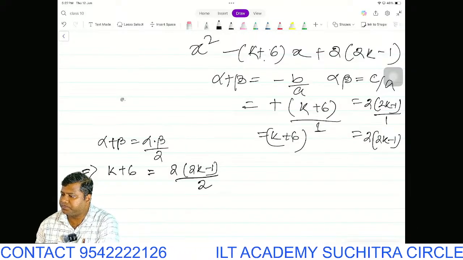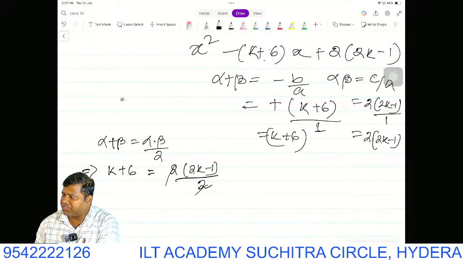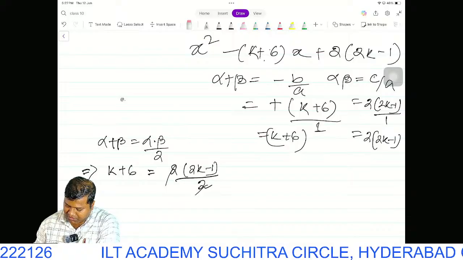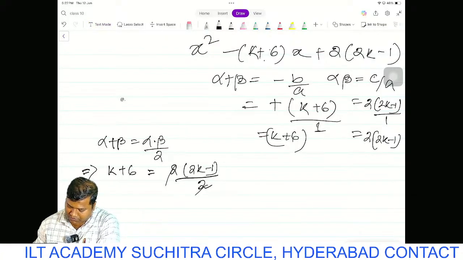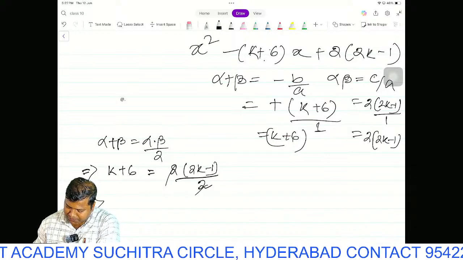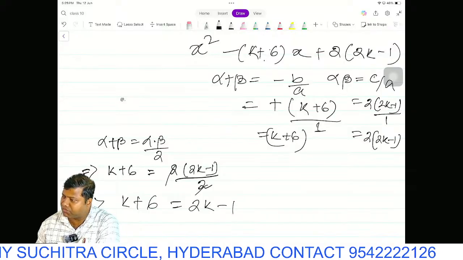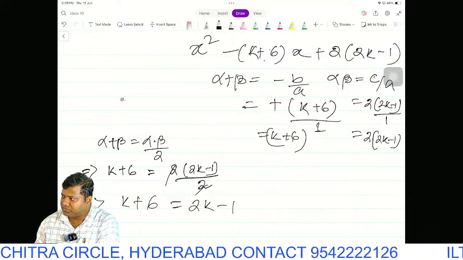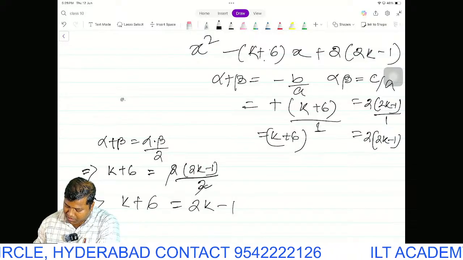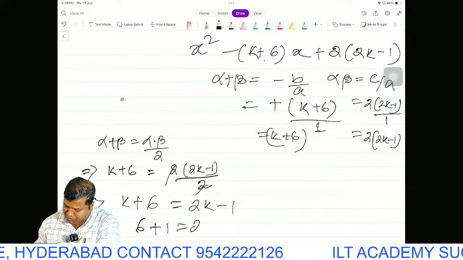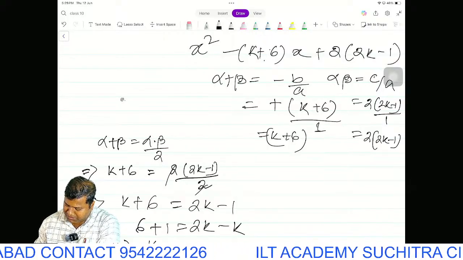Okay? Now 2 and 2 can be cancelled. So what is left? This implies k plus 6 equals 2k minus 1. That implies 6 plus 1 equals what? 2k minus k, right? So that implies k equals 7.